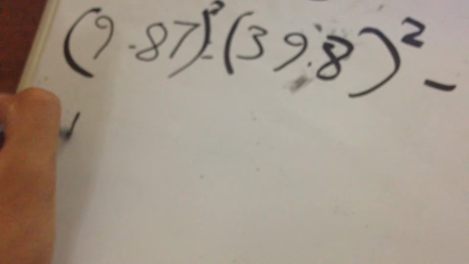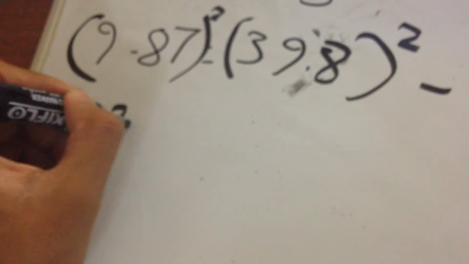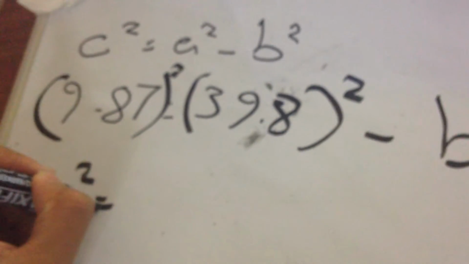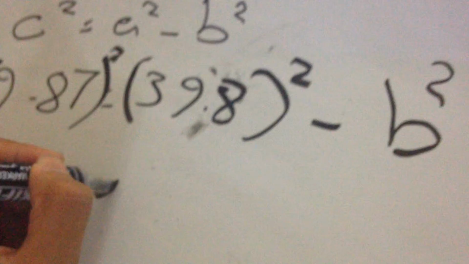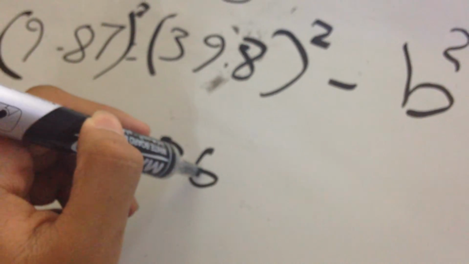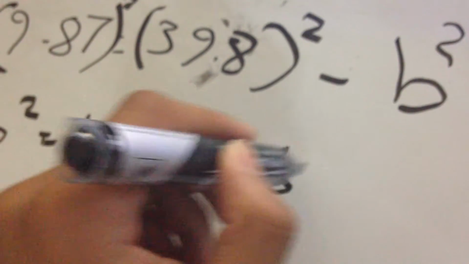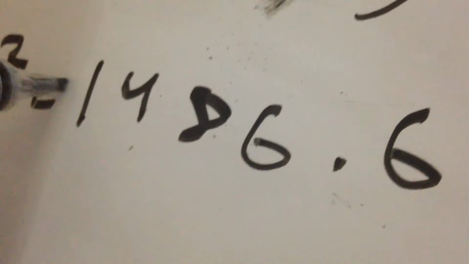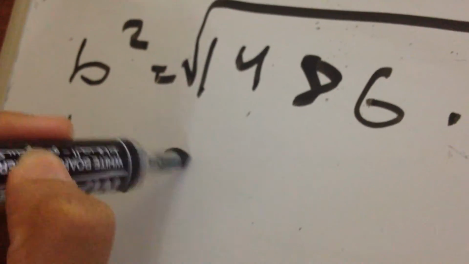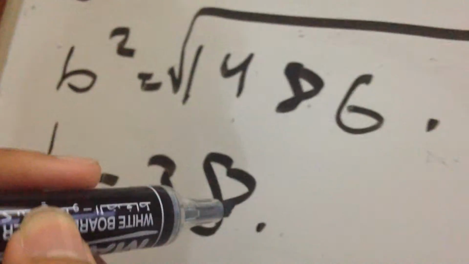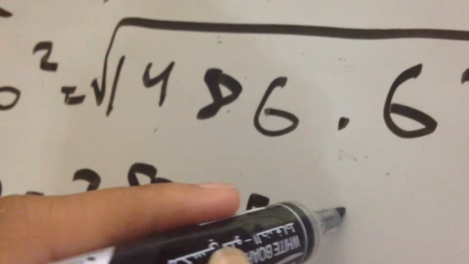When we substitute, this gives us b squared equal to 1486.62. Then we take the square root, and this gives us b equal to 38.56.